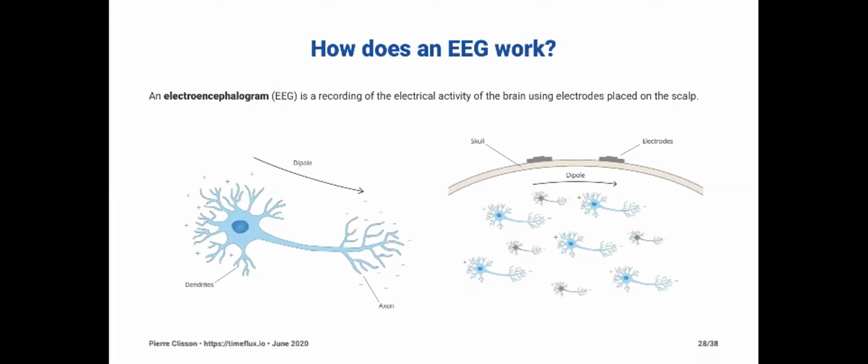What we actually measure is when many neurons are in the same orientation, so their electrical potential is the same, and we can combine this and measure the electrical activity of a group of neurons. We never measure the electrical activity of one neuron, but always of a group of neurons.